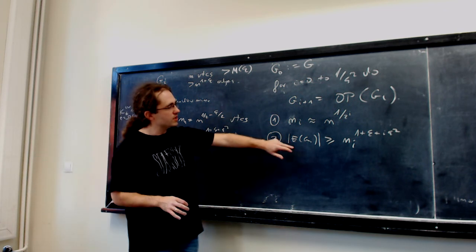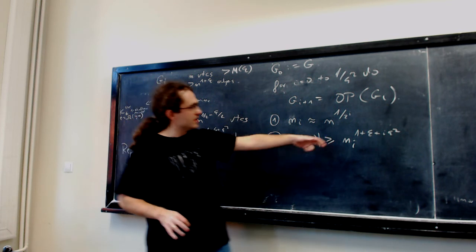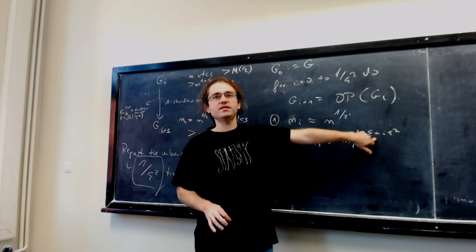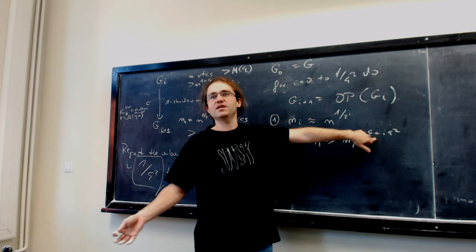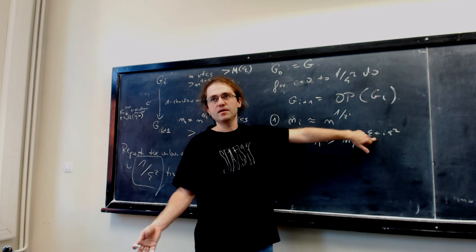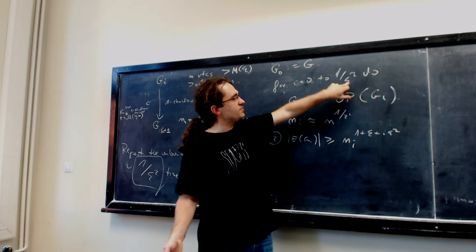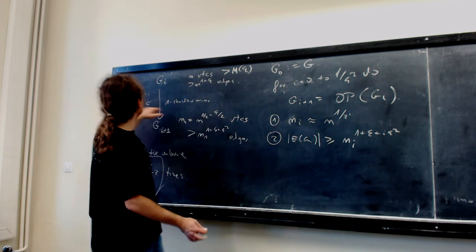So the number of edges will grow, and after this number of steps it will exceed the quadratic bound, and that's a contradiction. So within this number of steps, at some moment we need to get the other outcome.